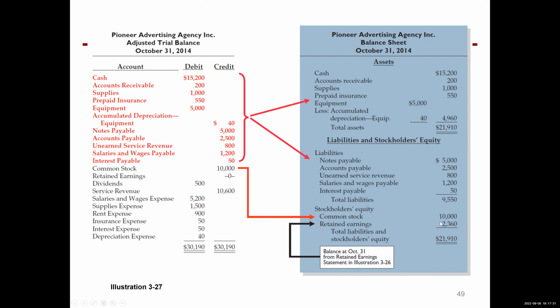The only thing we have left to do is to pick out our common stock, and there it is, $10,000. When we add our total liabilities plus our equity, we get 21,910, which agrees with our total assets. And we are done. That's how it works.